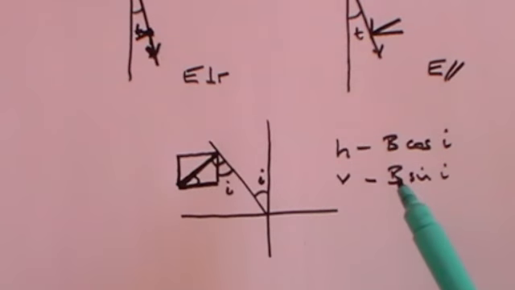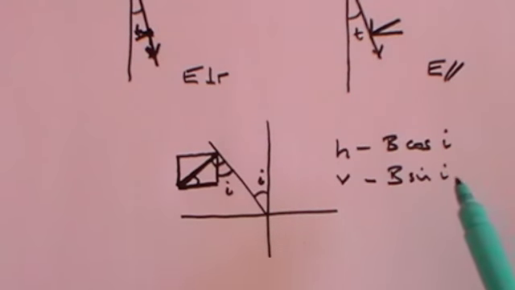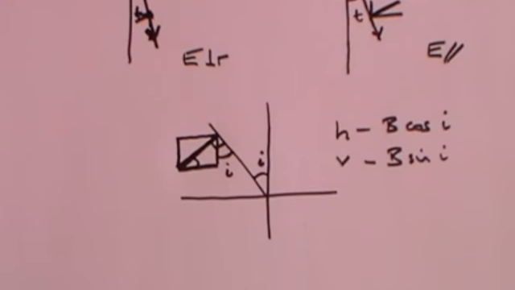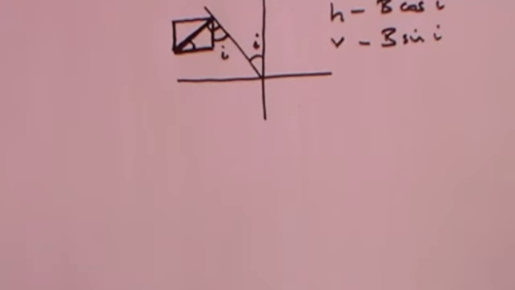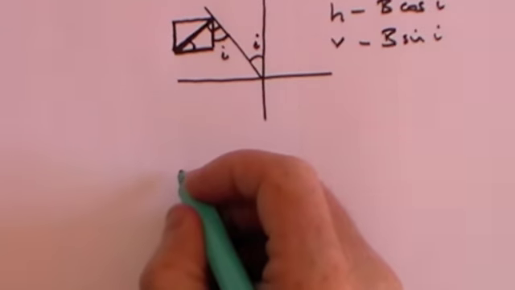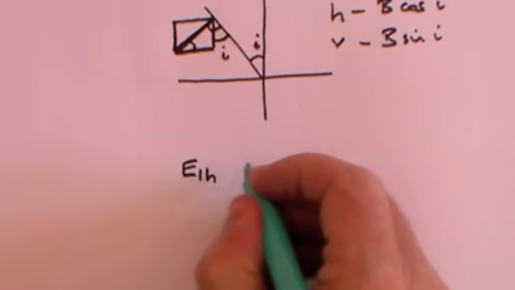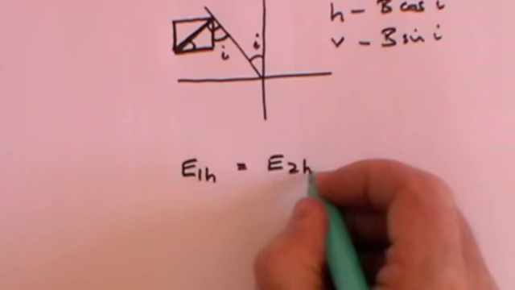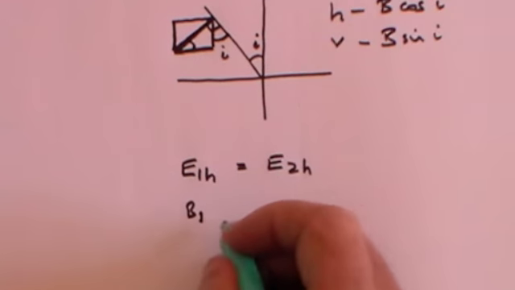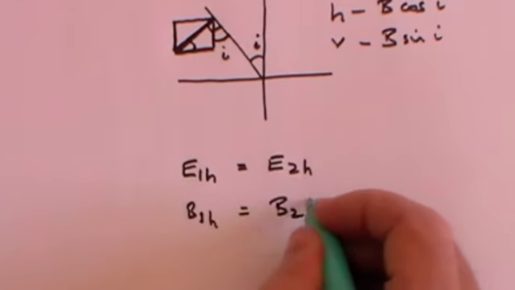And that is going to be true for the reflected waves and for the transmitted or refracted waves, except the angles are now going to be the angle R for reflection or T for transmission. Now, although we defined 4 boundary conditions, we're actually only going to need 2. And they are that E1H equals E2H and B1H equals B2H.